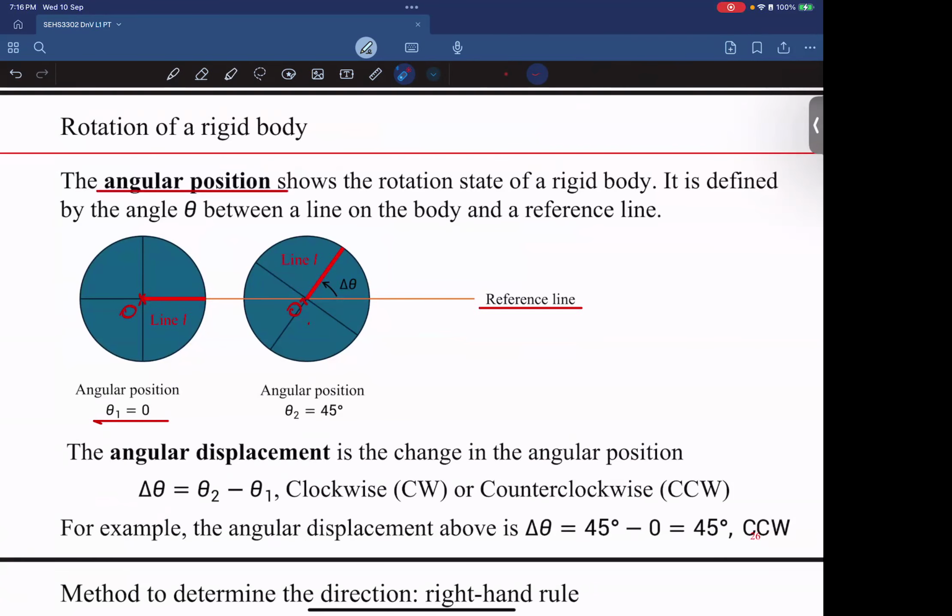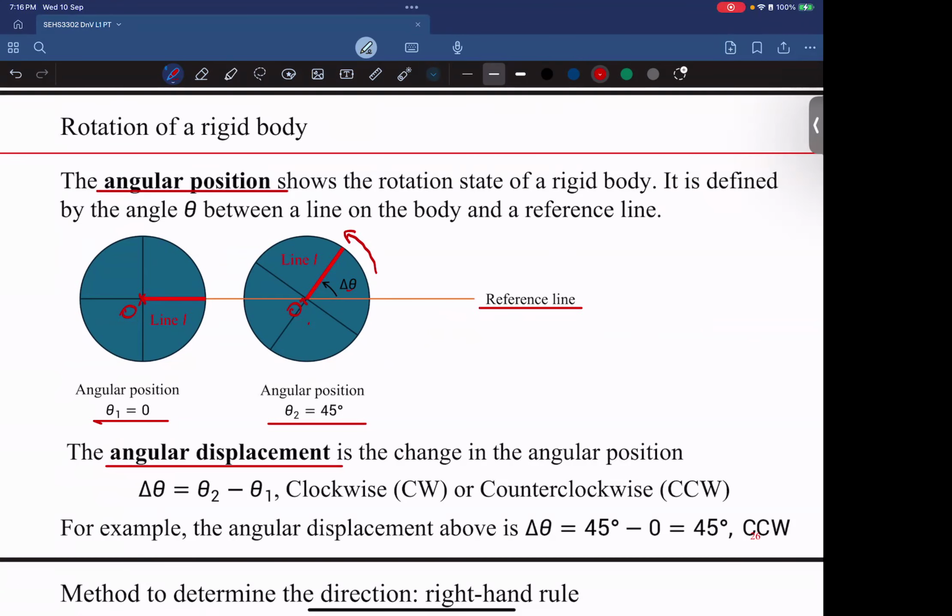And as it rotates counterclockwise in this way, after a period of time, it comes to theta 2, which is 45 degrees. Then from theta 1 to theta 2, we're gonna have an angular displacement.